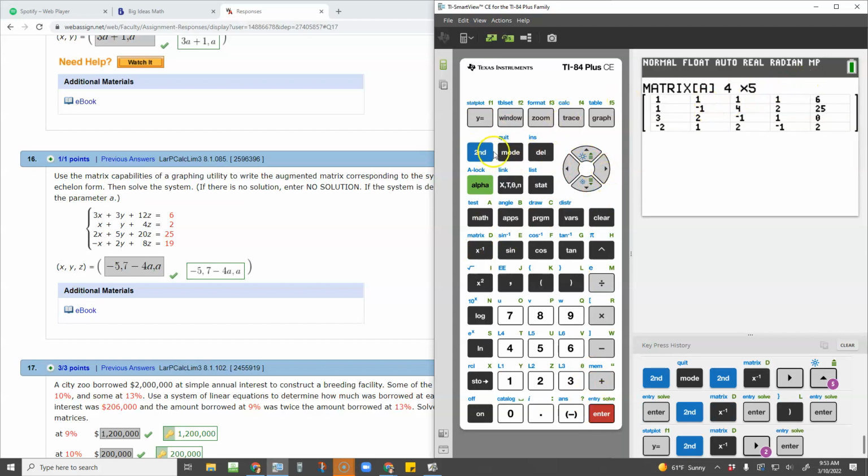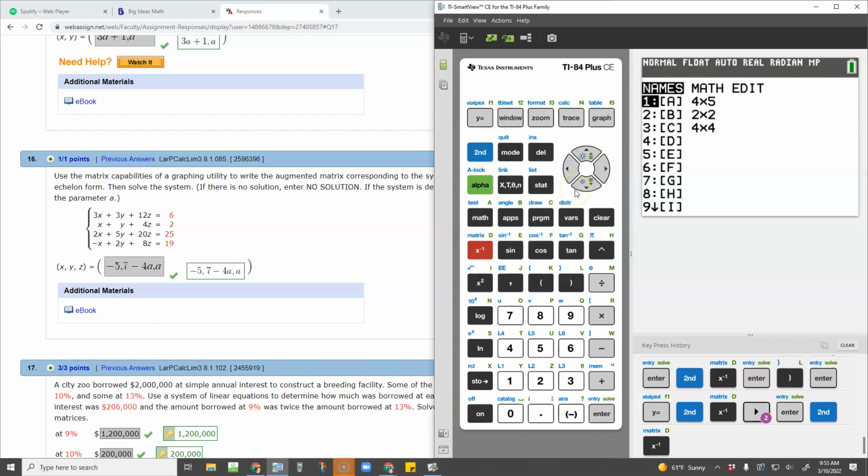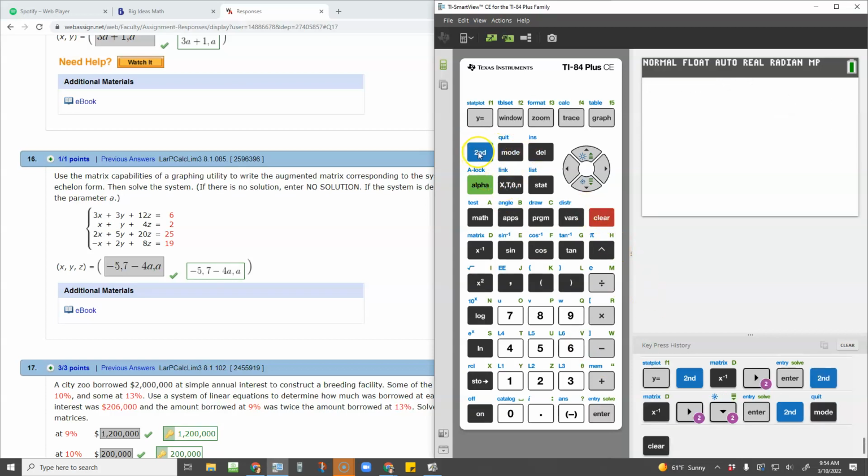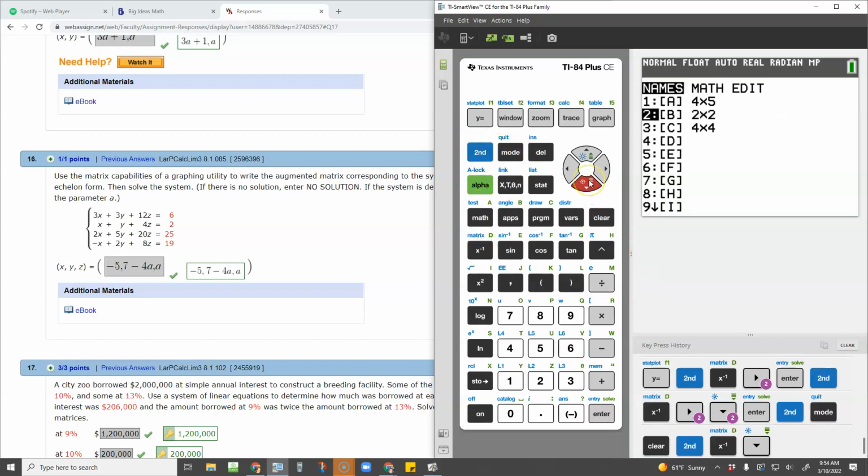Wait a minute, was that my A? Hold on. Did it not save what I just had typed in? Oh, why did I put it down there? Oh, that was it. Okay, sorry, I thought I put it in A. I didn't know I put it in C. Hold on, that's not even right, because I did it to the entirely wrong matrix.